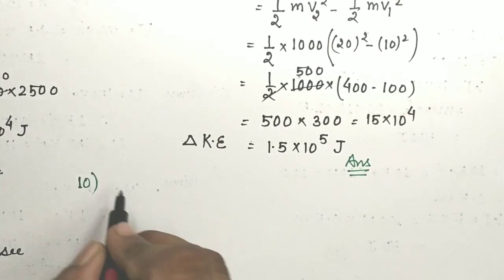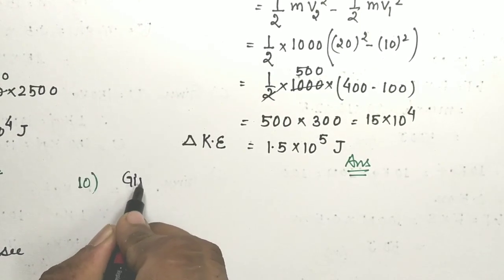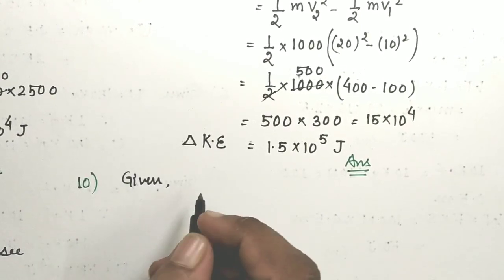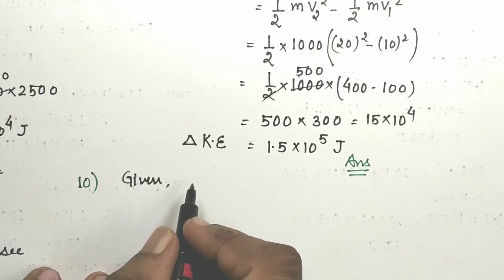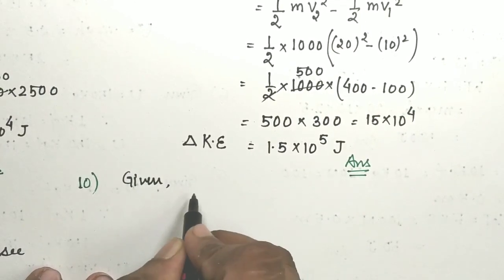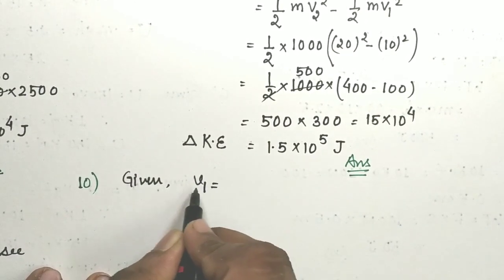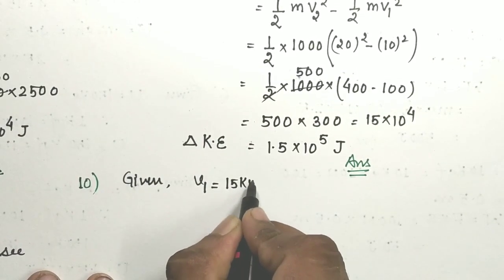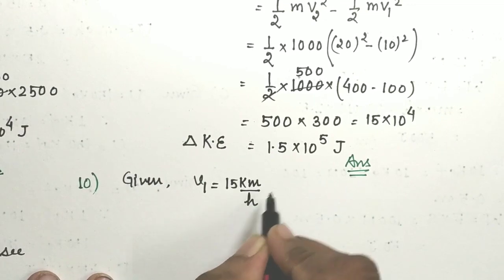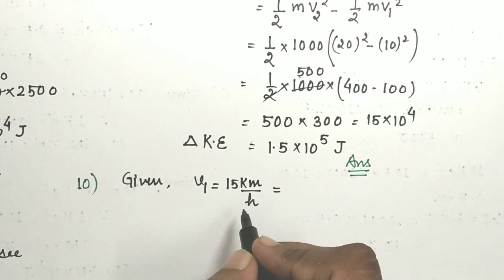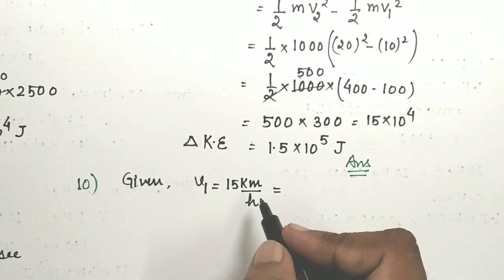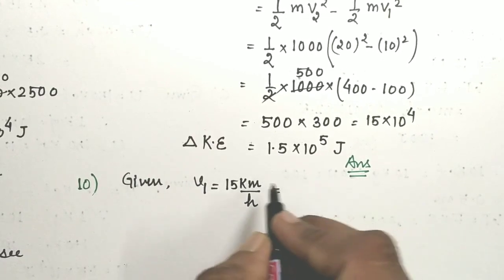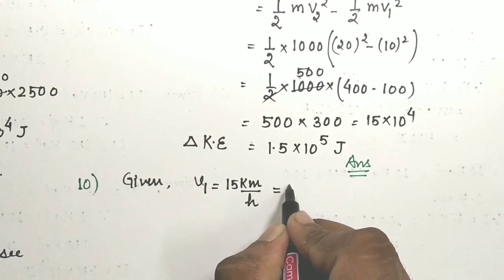So let's first write what is given: a car is moving with an initial velocity v1. Let us suppose v1 is equal to 15 km per hour. As we know that SI system is used, first it will be converted into meter per second.